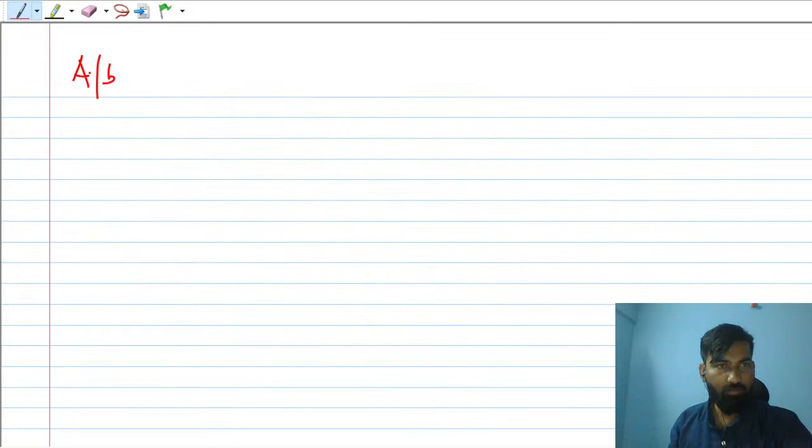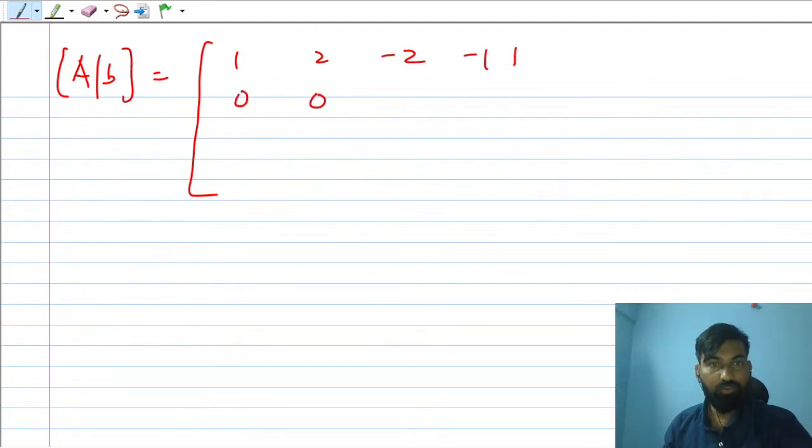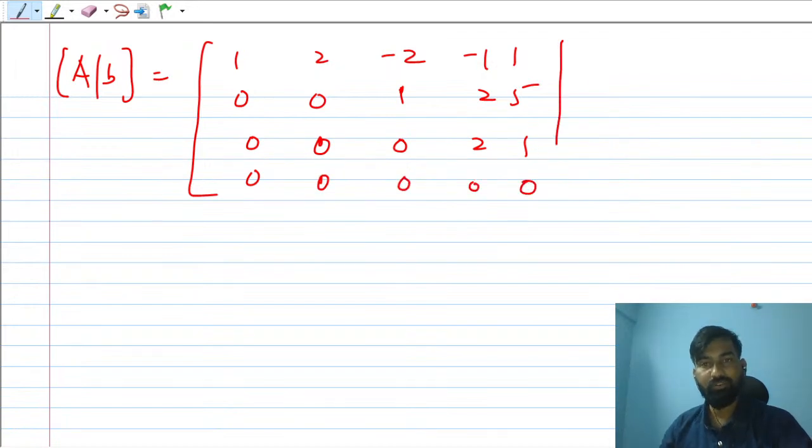The augmented matrix becomes like this: 1, 2, minus 2, minus 1, 1. This is 0, this is 0. This time this is 1, 2, 5, and this has become 0, 0, 0. This is 2, 1, and this is 0, this is 0, this is 0, this is 0, and this is completely 0 now. And now this is 1, 4, 0, and this is beta plus 1.